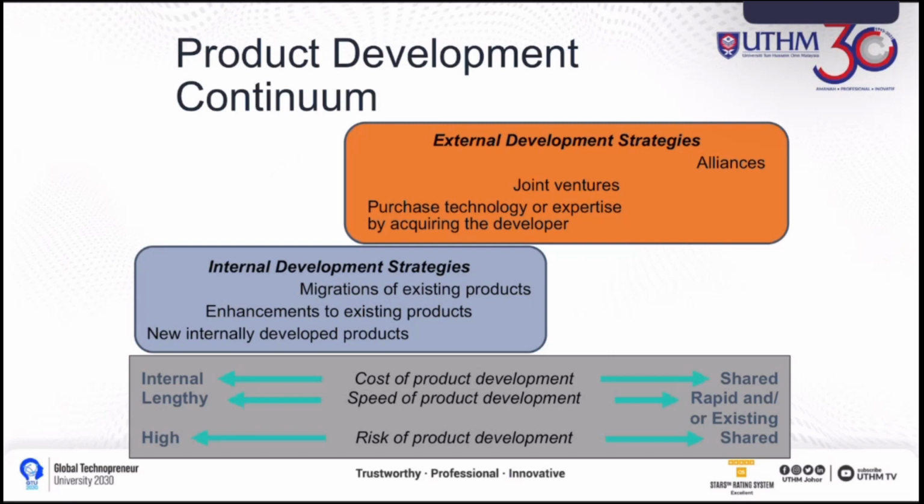But if you are solely doing that by yourself, the product development is very lengthy. Okay, so the risk: if you do internal, it is going to be your risk, which is very high. But if you opt for the external strategy, your risk will be shared.